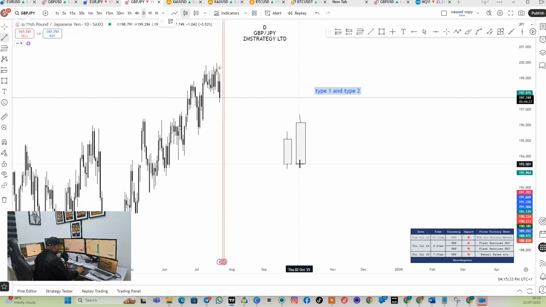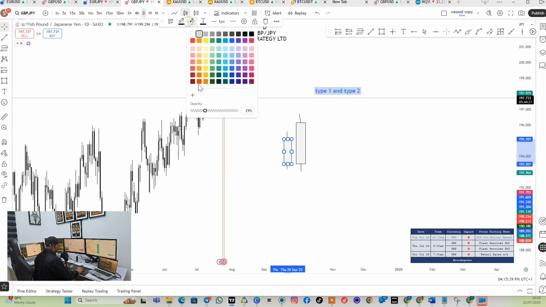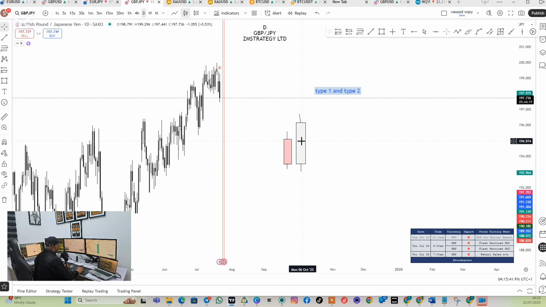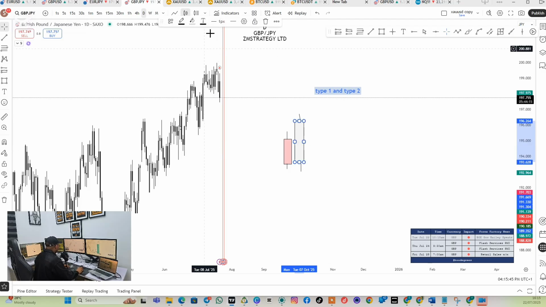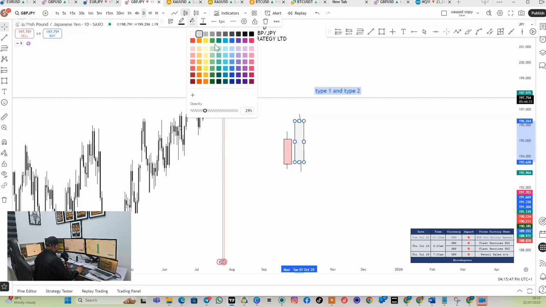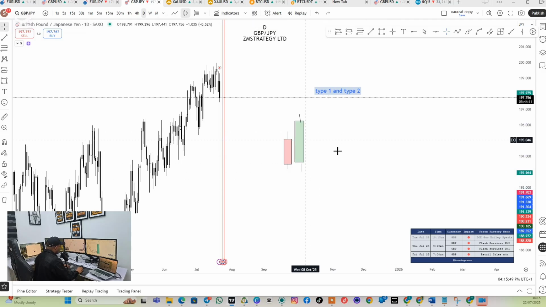Don't mind my drawing, just pay attention to what I'm trying to explain. Now let's fill this color with red, and for this one, let's use the popular color we usually use, green. So this is our engulfing candlestick: this is our bearish candlestick, and this is our bullish candlestick. You see that this bullish candlestick engulfs this bearish candlestick.